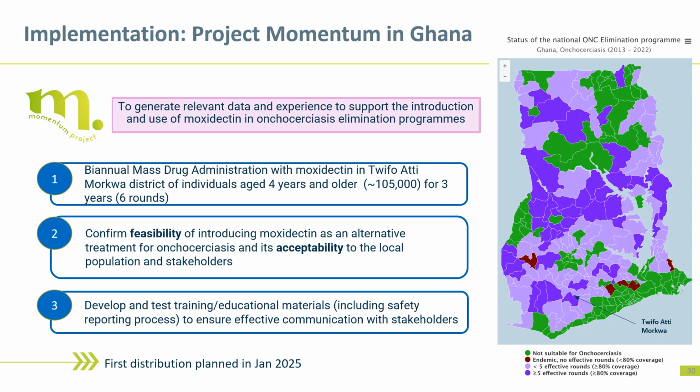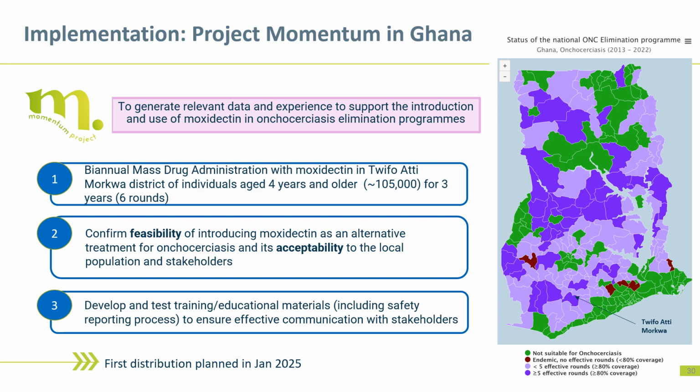A field implementation project named Momentum is well underway in planning in Ghana. The objective of this project is to generate relevant data and experience to support the introduction and use of Moxidectin in onchocerciasis elimination programs. Twice yearly MDAs with Moxidectin are planned for 3 years or 6 rounds in the Twifo-Ati-Morkwa district of Ghana.